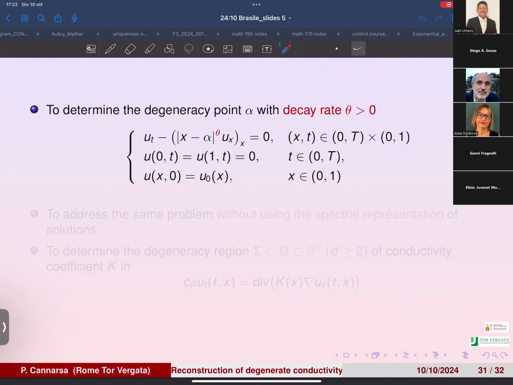You take a decay rate theta, put it here, and ask the same question. Some things may go similarly, for example when theta is greater than or equal to 1, but if theta is less than 1, you cannot just decouple the problem. So this makes the problem interesting, even with this modification.